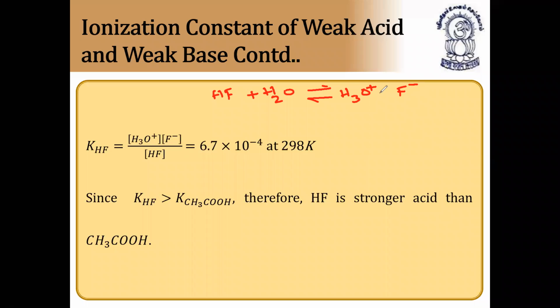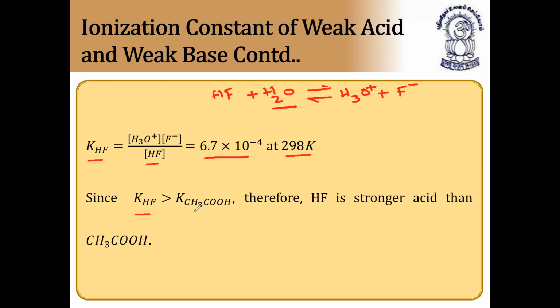So these two become products and this becomes the reactant. And for the reactant, we will not consider the concentration of water because it is taken as unity. So by this we can write Ka of HF is equal to the concentration of H3O plus into the concentration of F minus by the concentration of HF. And its value is observed as 6.7 into 10 to the power of minus 4 at 298 Kelvin.